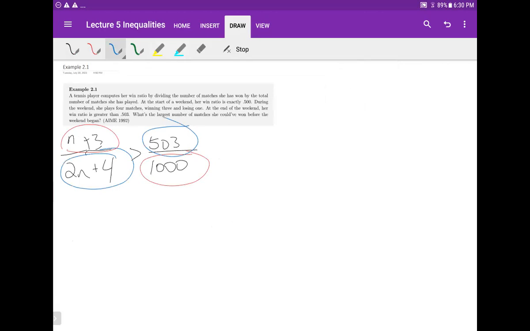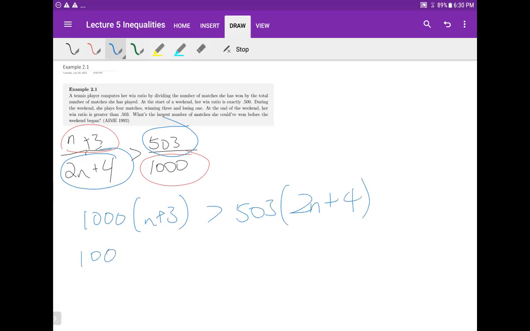And then from here you get that 1000 times n plus 3 is greater than 503 times 2n plus 4. Then we get 1000n plus 3000 is greater than 1006n plus 2012.